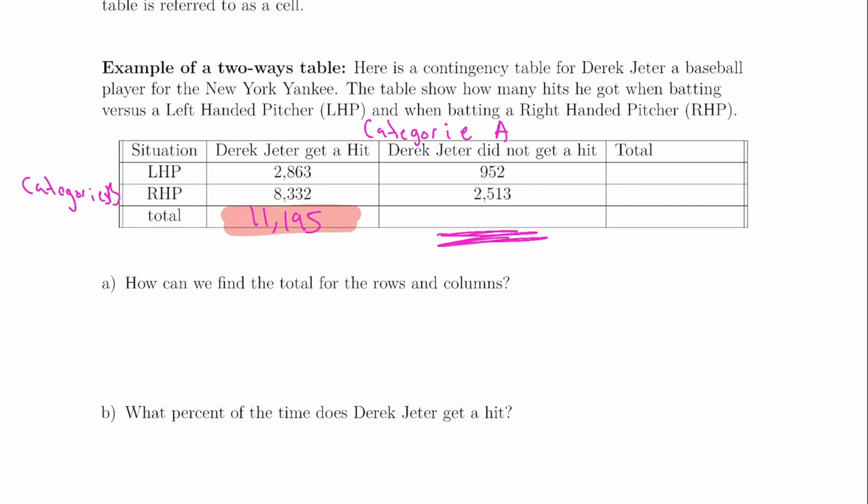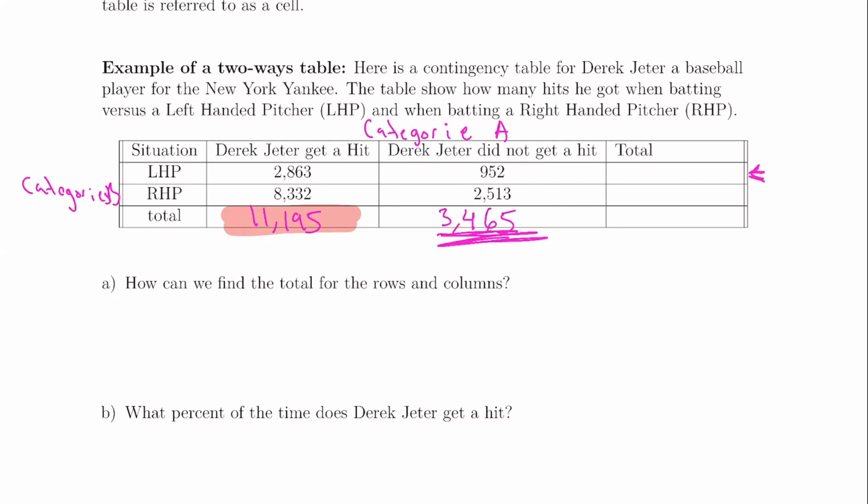All right, so let's go ahead and get this total now. They do 952 plus 2,513. So you get 3,465. So now let's go ahead and get this row right here.